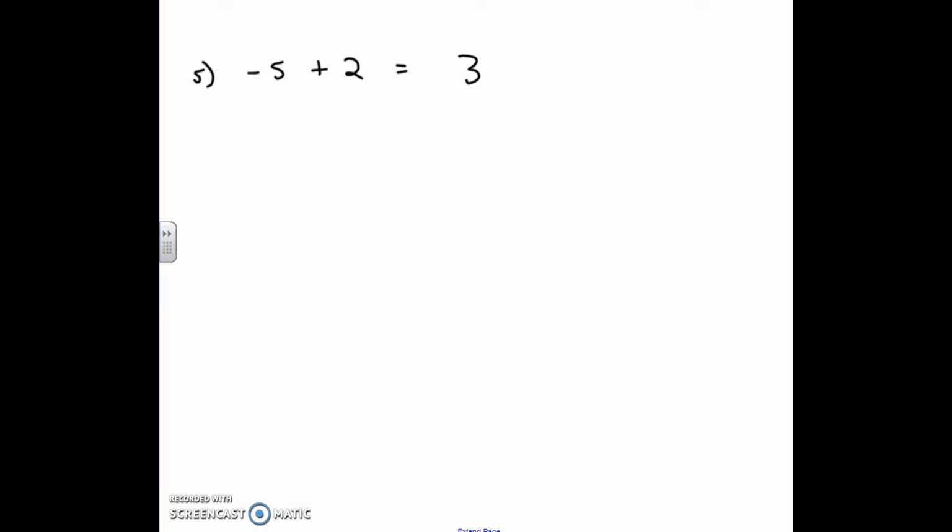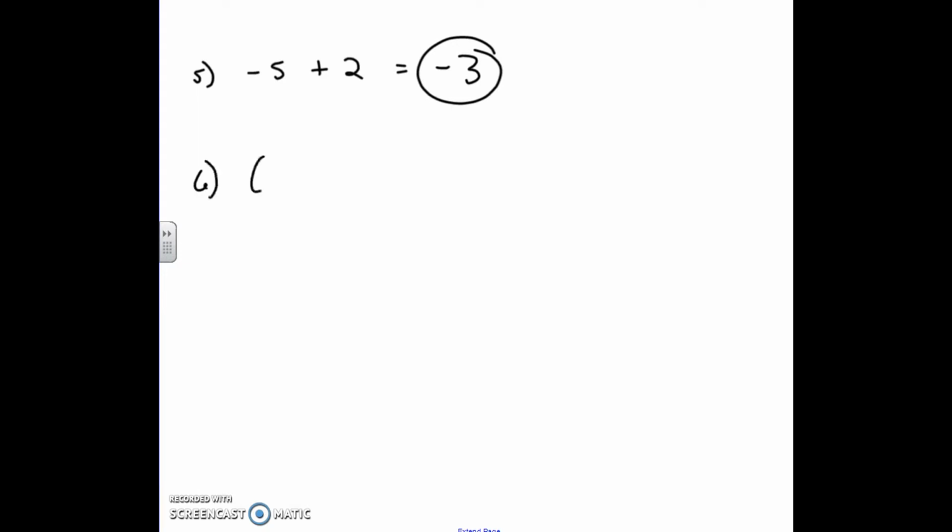Now you figure out which number is the larger number. Again, don't pay any attention to the signs when you're trying to figure out the larger number. Is 5 a larger number or is 2 the larger number? Since 5 is the larger number and the 5 is negative, then our answer will be a negative 3. So negative 5 plus 2 is a negative 3.